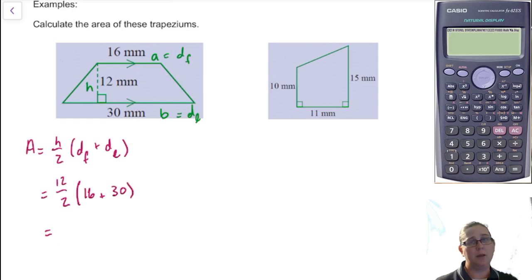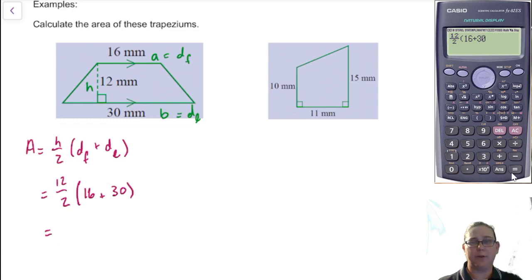Now, this is going to link up very nicely with another formula that we're going to use later on down the track. So get our fraction up, 12 over 2. Out of our fraction, use our bracket keys, and then 16 plus 30.